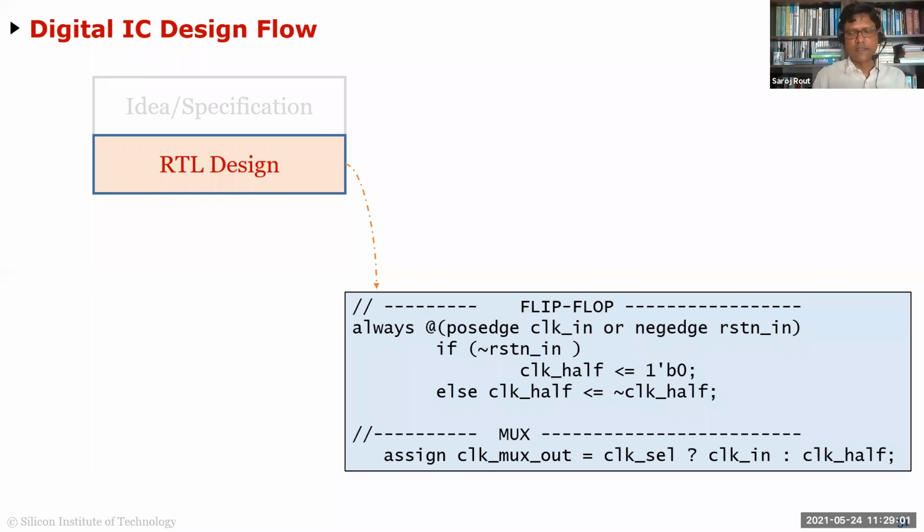So here I've taken a simple block where I say, okay, I'm doing RTL design, and I've shown how it will look in Verilog. It's defined in a language, so it's what's called a behavioral model. And this is not technology dependent.